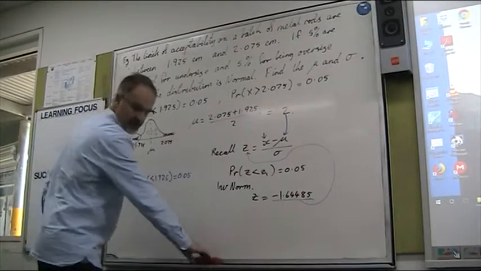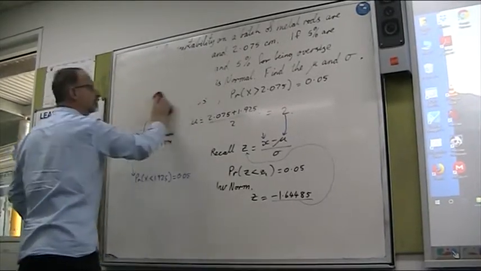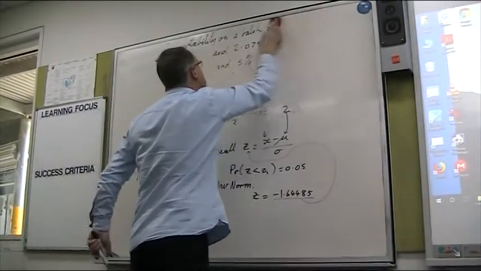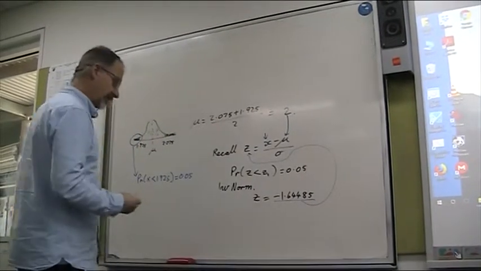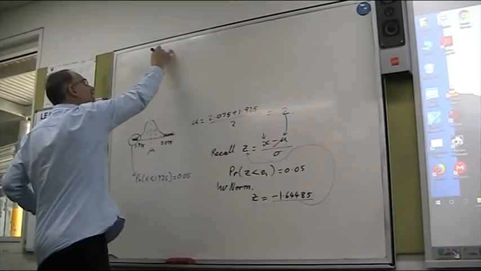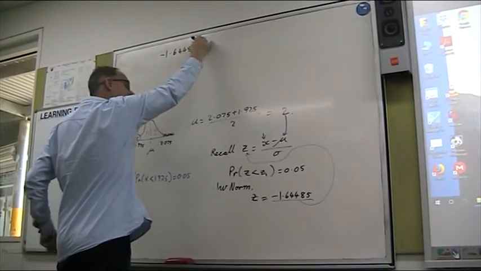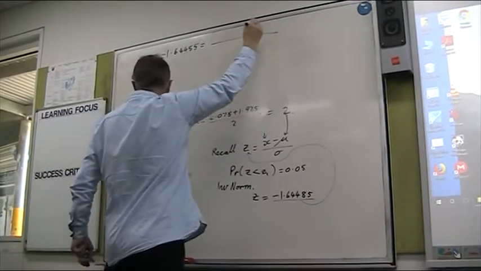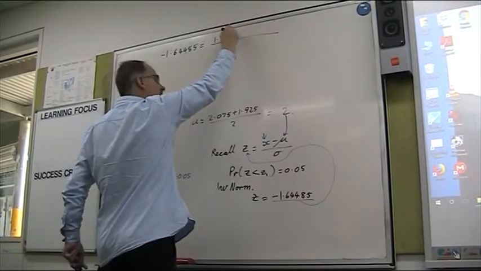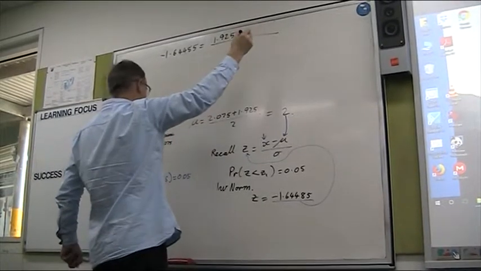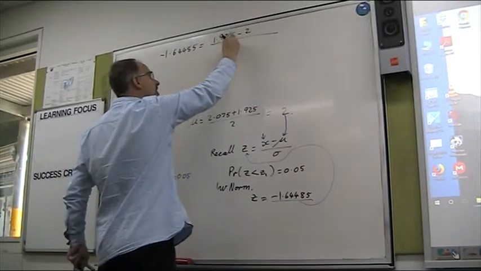When I do that, I've got negative 1.64485 equals x, and x is 1.925, minus the mean, which we found out to be 2, over the standard deviation.